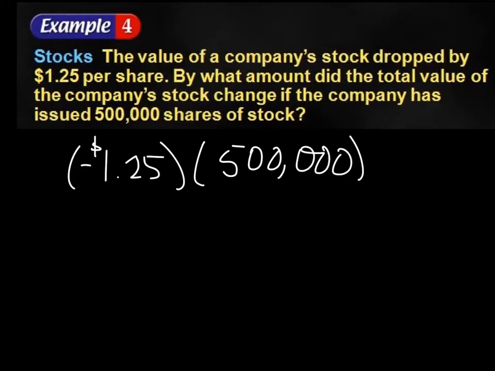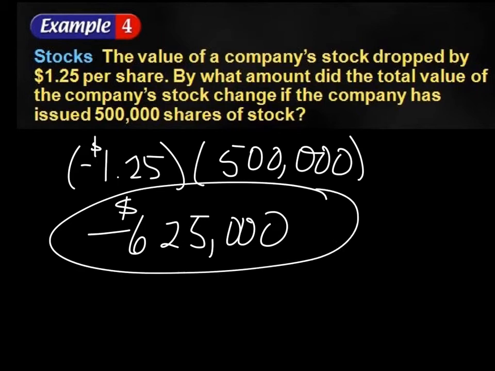When we multiply, I'm going to use a calculator. 1.25 times 500,000, I get 625,000. That was dollars, and it was a decrease. So negative $625,000 change in value.